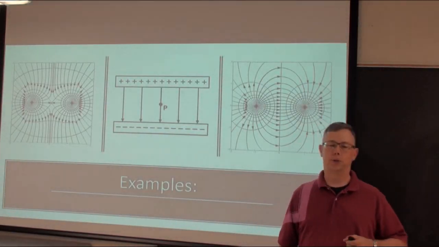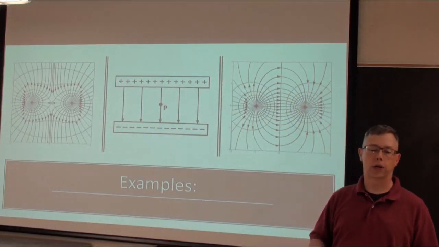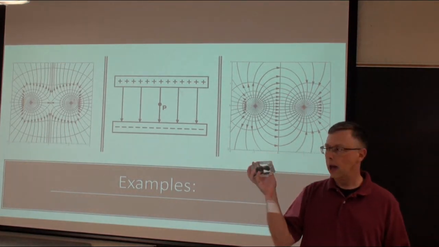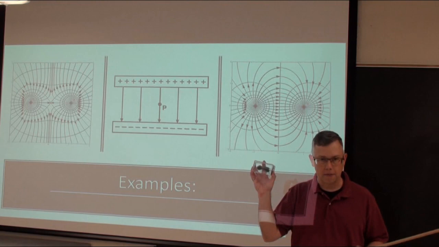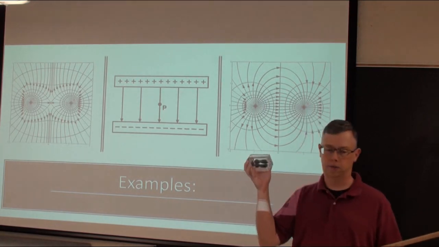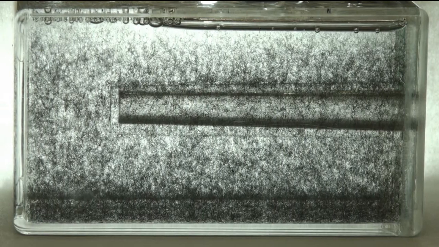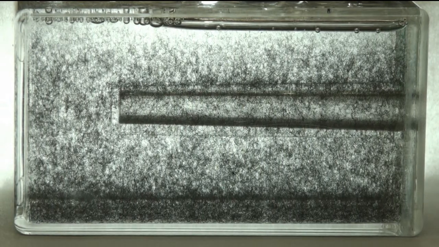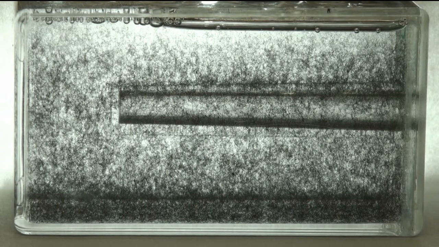Next, we're going to show a quick little demonstration of what fields can look like. This is actually a magnetic field, but visually it can be very, very similar to what an electric field looks like. Here we have some iron filings suspended in some kind of a very thick liquid.